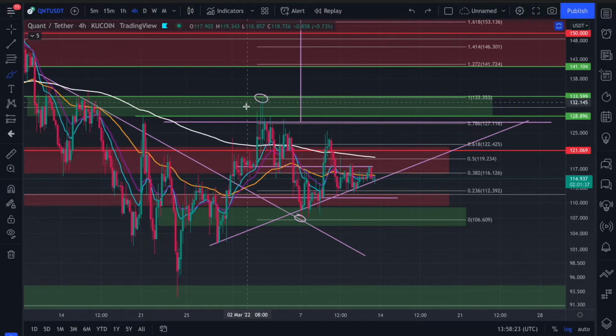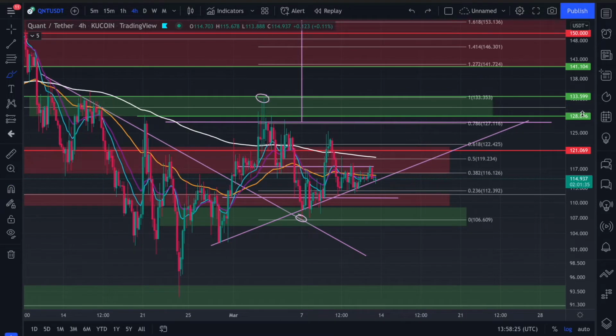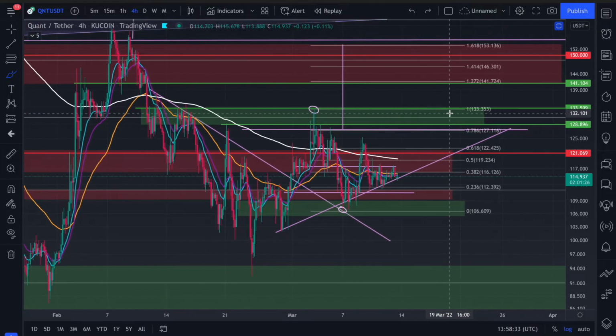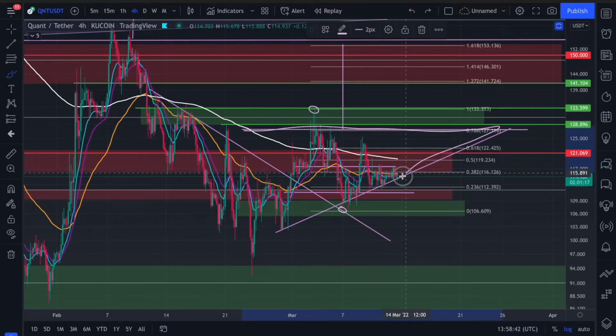We know with this high, if we are retracing back up to there and we're breaking 133, our next technical target is the 1618 at the 153 location. What is also so interesting with this location is that this line wasn't put there because of the 1618. It was actually there because of this ascending triangle over here.